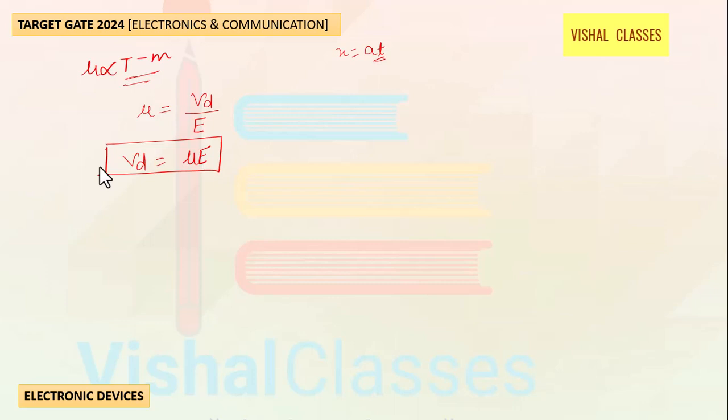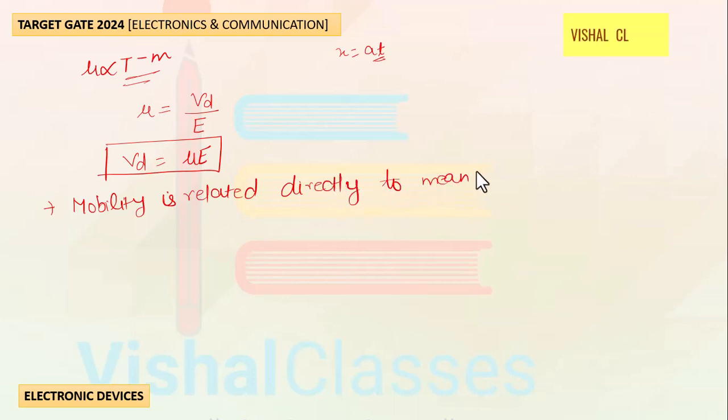Next, mobility is related directly to the mean free time between collisions.